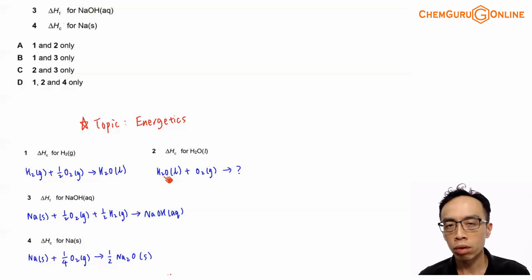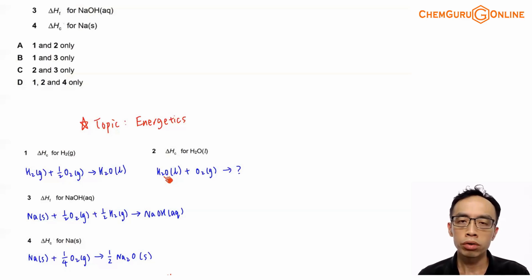You realize that it's actually not possible for me to do that, because if the oxidation state for hydrogen is +1, it will mean that the hydrogen would have already lost its 1 electron. Hydrogen only has 1 electron, correct? So it is not possible for hydrogen to have a +2 or +3 oxidation state, because hydrogen doesn't have so many electrons to lose. It only has 1 electron. The maximum oxidation state for hydrogen will only be a +1.